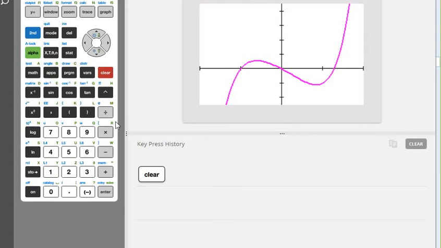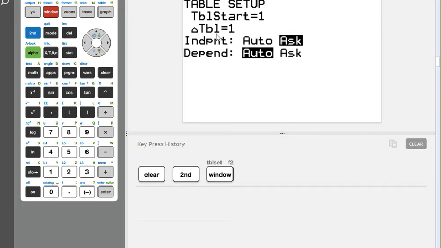So those of you who have not had me before, and those of you who have your own calculator, might want to follow along with this. We're going to first do the table setup, and it's important to get this right at the start. So if you hit the second button, then the window key, it takes you to something here called table setup. And what I want you to do is to mimic my table setup to this point right here.